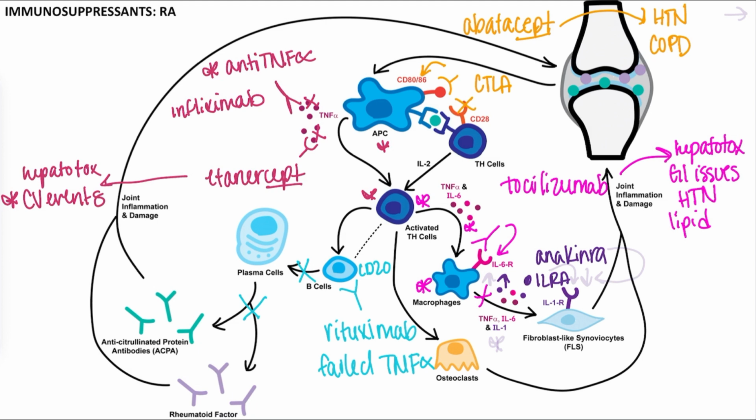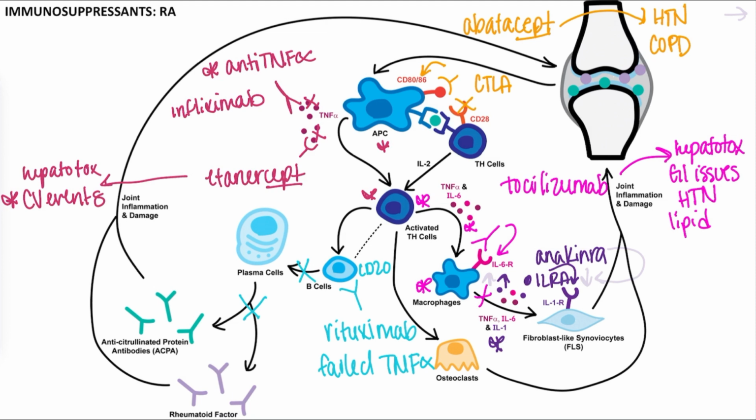So remember, interleukin-1 is produced in response to inflammatory stimuli. It mediates various inflammatory and immune-mediated responses and is involved with this cartilage and bone destruction. So interleukin-1 receptor antagonist is secreted to counteract the effects of interleukin-1 and antagonize those interleukin-1 receptors.